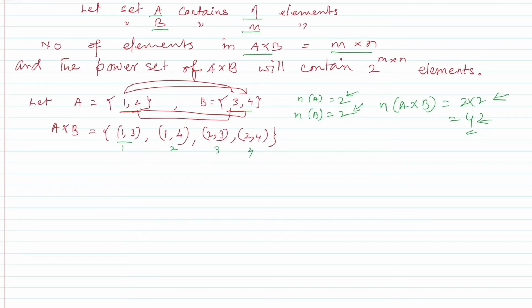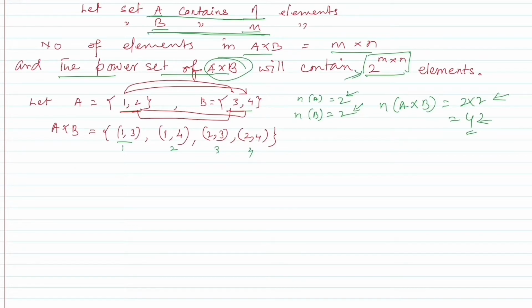Now the power set of A cross B will contain 2 to the power m into n elements. If the number of elements in A is n and the number of elements in set B is m, then the power set of A cross B must contain 2 to the power m into n elements.